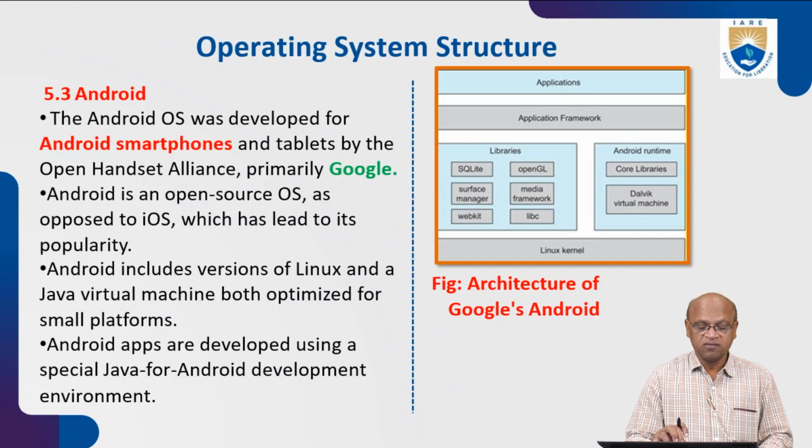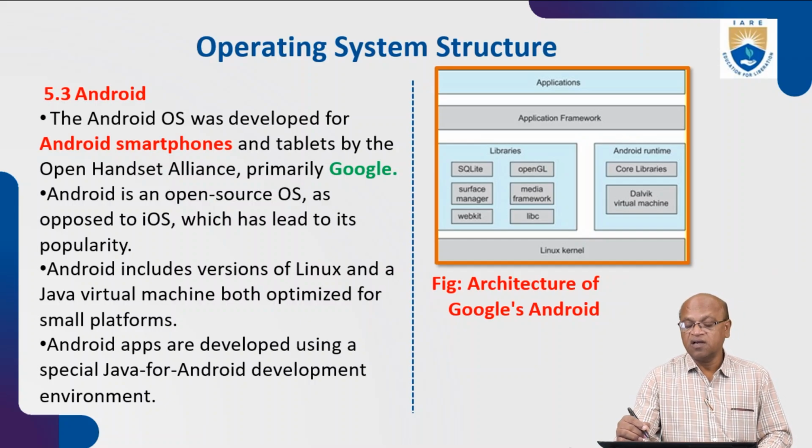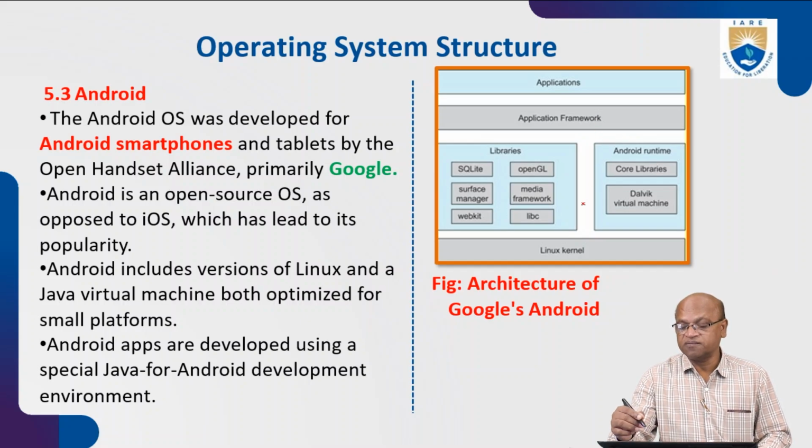Android includes versions of Linux and Java, so it uses Java. Linux and Java virtual machines, both optimized for small platforms. Android apps are developed using a special Java for Android development environment.